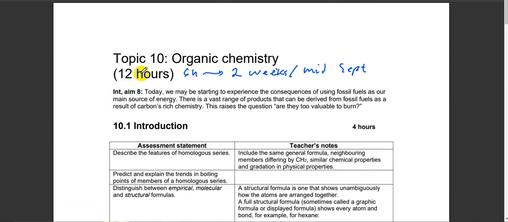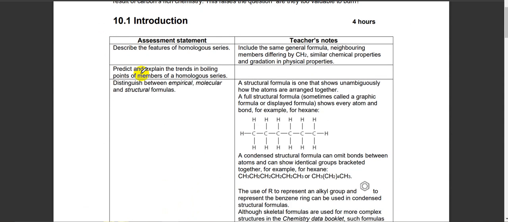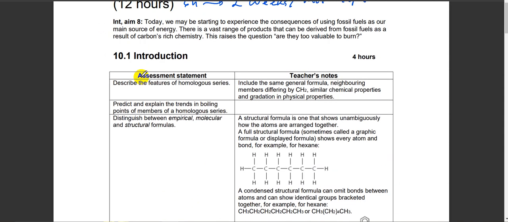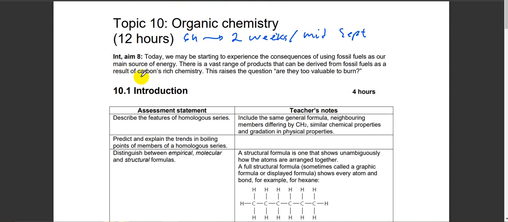So let's start with 10.1 first, the introduction. Again, this is organic chemistry. What we are going to talk about here is mostly carbons.